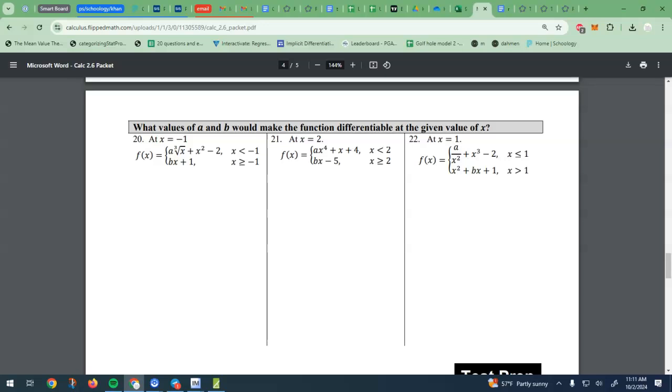A ton of room here. So I'll get 16a. I have to erase some of this stuff. So I end up with 16a plus 6 equals 2 times b minus 5, but b is this stuff.